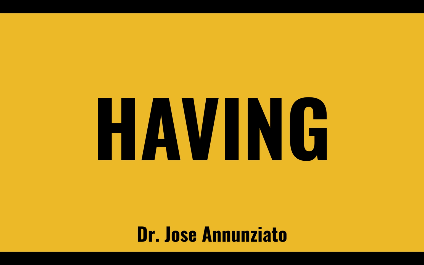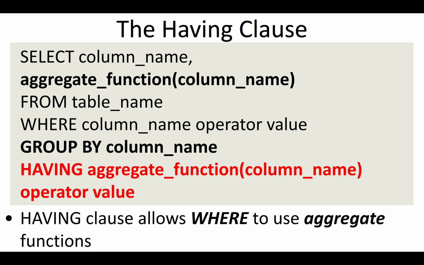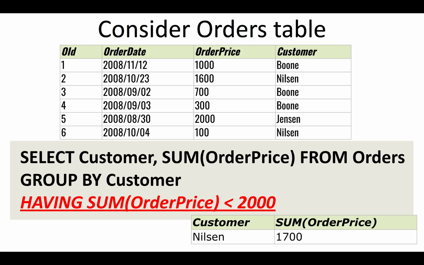It allows you to have these aggregates on the where clause, where you can do the group by, then you can do having and then the aggregate function on the column and then the operator, where it's equal to, less than, or whatever. So having allows you to get around this limitation of group by, where you can now have aggregates on the where clause.